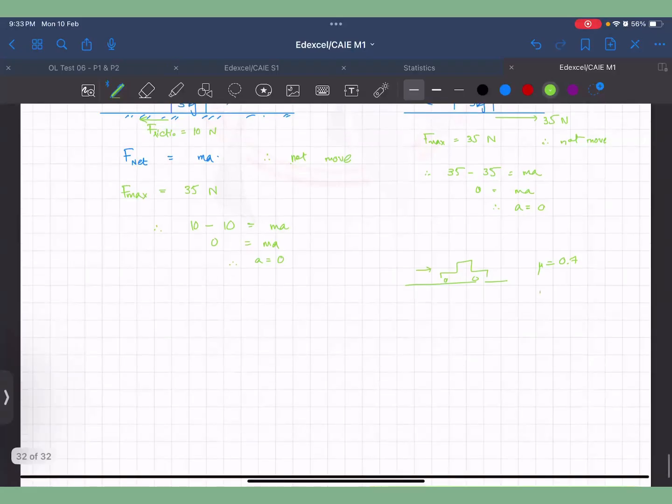Let's suppose the F max between the car and the road is 100 Newton. Initially you start pushing it with 10 Newton. So friction would oppose it easily. The car would not move. You try to push it harder. Let's suppose you force it with a 20 Newton force. So the friction would now be 20 Newton, because friction can oppose this 20 Newton as well.